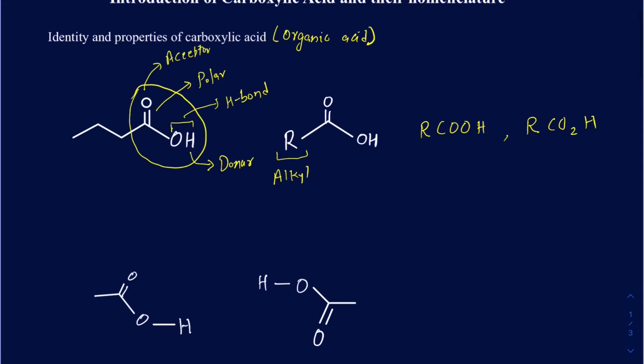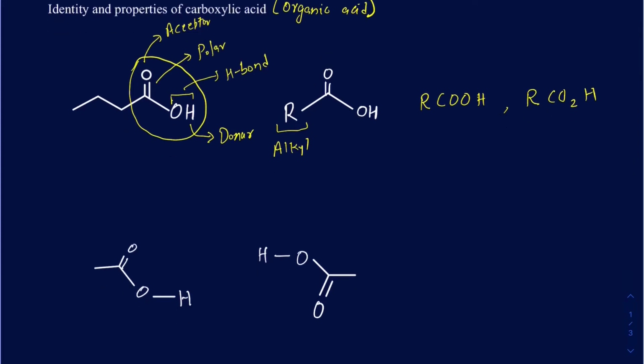Since it has both the hydrogen bond acceptor and hydrogen bond donor, most of the time carboxylic acids actually exist as dimers. What that really means is, if I have two carboxylic acids close by, so I have one here on the left side, let's call this 1, and I got this second one here, and if I bring this a little bit closer, then they can make a hydrogen bond with one another.